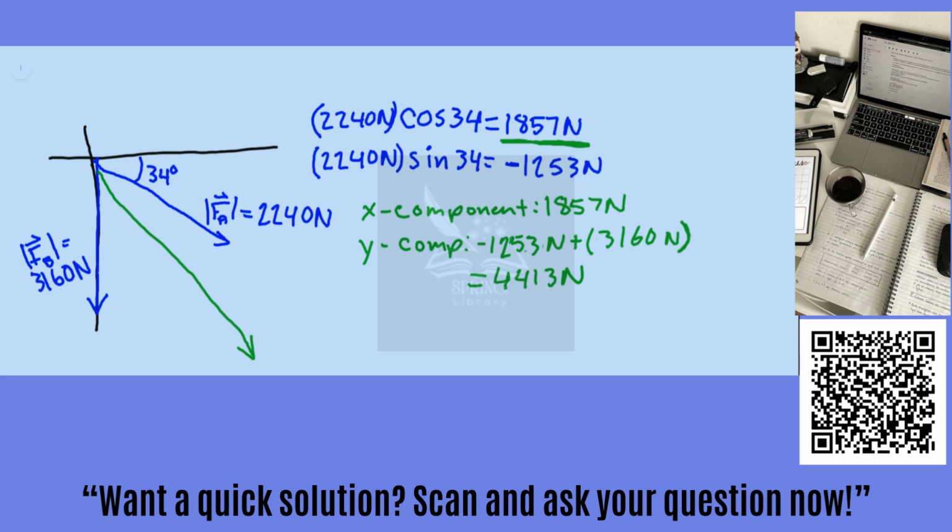All right, so to find the total magnitude of this vector, which I'll just call F sub R for resultant, the magnitude of this vector is going to be equal to, if we're using the Pythagorean theorem, 4,413 squared plus the x component squared, so 1,857 squared, which, if you put it into your calculator, you'll find that it is 4,788 newtons.